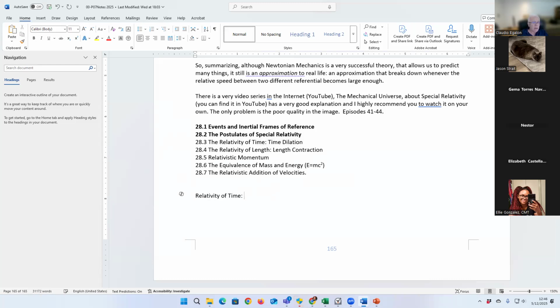What does it mean? According to these postulates, that's why people wouldn't believe it, the time that you measure in one referential, the time of a given event, right?